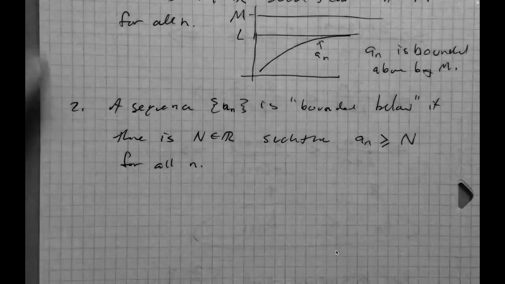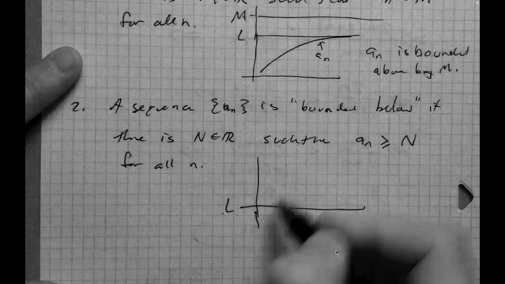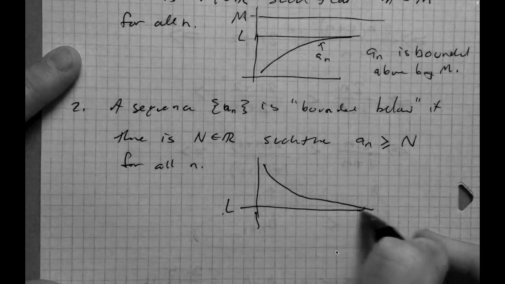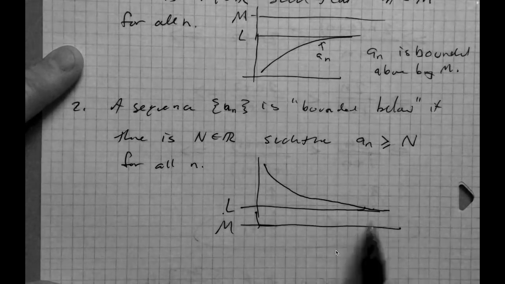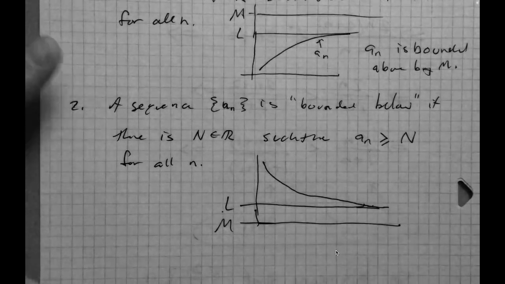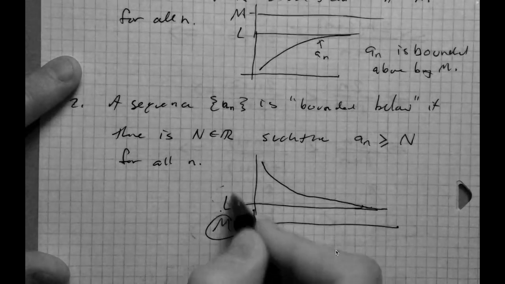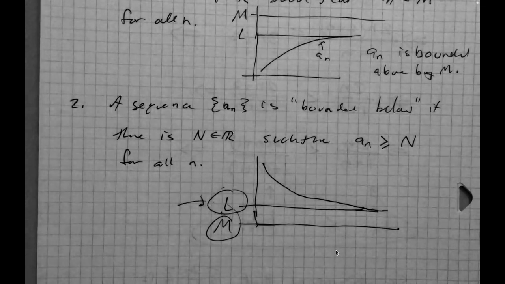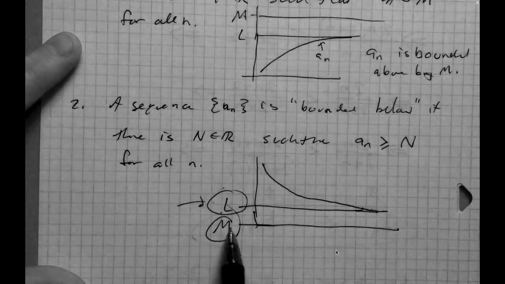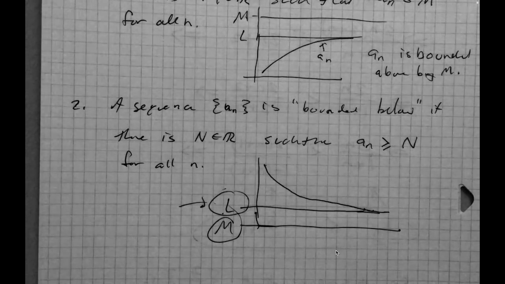It's the same idea. I've got some limit L, and a sequence that maybe comes down to L, and there's going to be some M that is smaller than all the terms of the sequence. Turns out L is as well. These are both examples of lower bounds on a_n. L is a special kind of lower bound, but M is also a lower bound. The key here is that the sequence doesn't continue to go down forever.